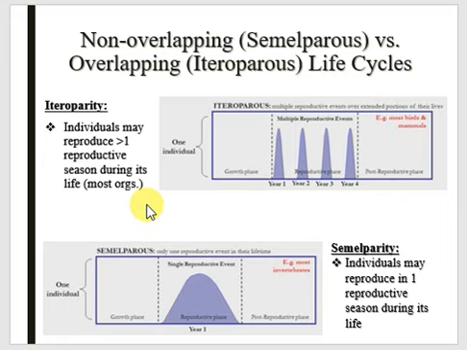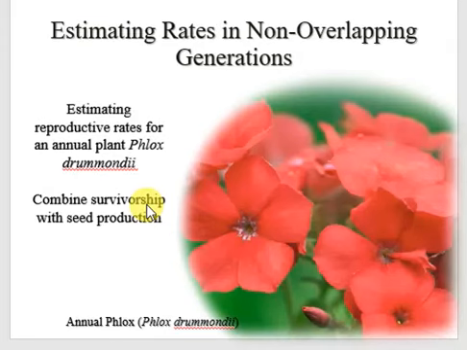Now, based on these life cycles, that determines how rates are estimated. Rates will actually be estimated differently depending on the specific life cycle, whether this population follows life cycles that are non-overlapping or overlapping. So we're going to talk about both cases. First, estimating rates in non-overlapping generations.